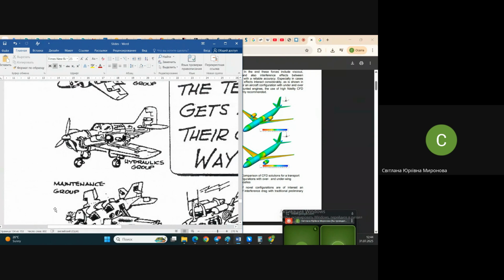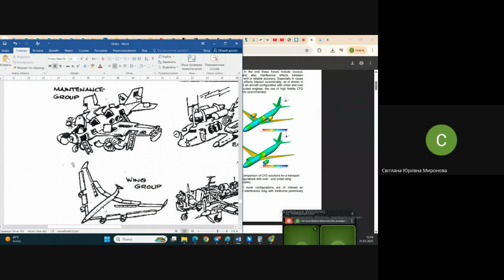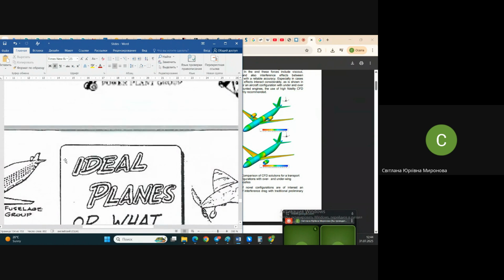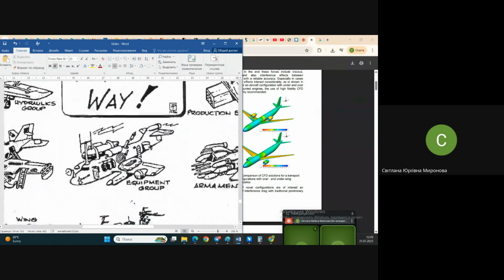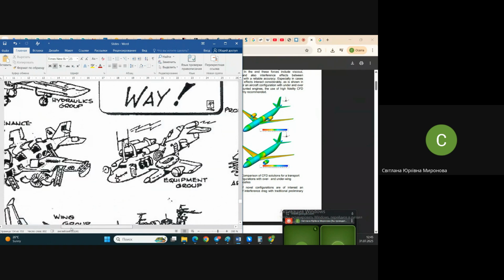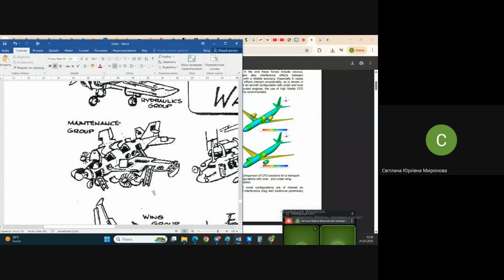And from the point of view of those who maintain the airplane, what does it mean to maintain an airplane? They support the life of the airplane on the airfield, and they are not testing it, but inspecting it, checking.